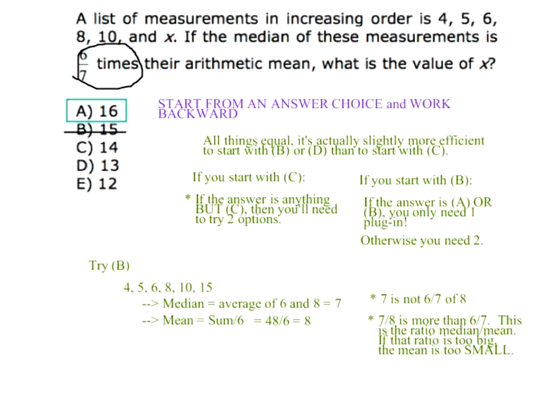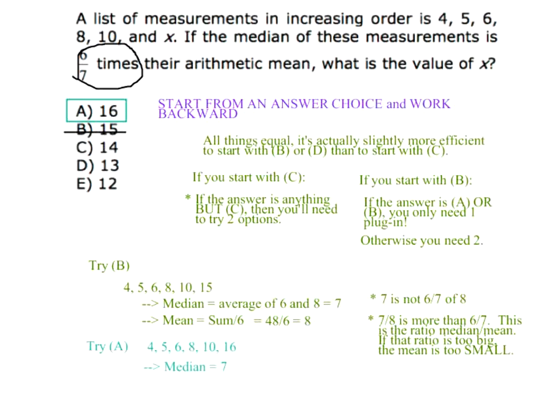That's the real point here. The point is not that you have to have this insight right away. The point is that if you don't have this insight in like 4 seconds, then you should just throw in another choice and see what happens. So let's try A. So then you have 4, 5, 6, 8, 10, and 16. Then your median is still 7.